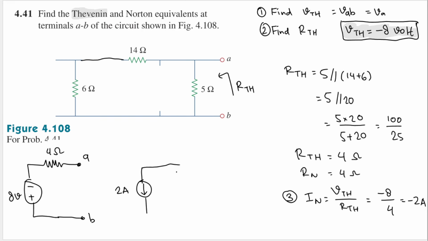And then the resistor is the same, so I will have the 4 ohm one like that. Okay, so we will have A and B here. This is for the Thevenin one, and this is for the Norton one.